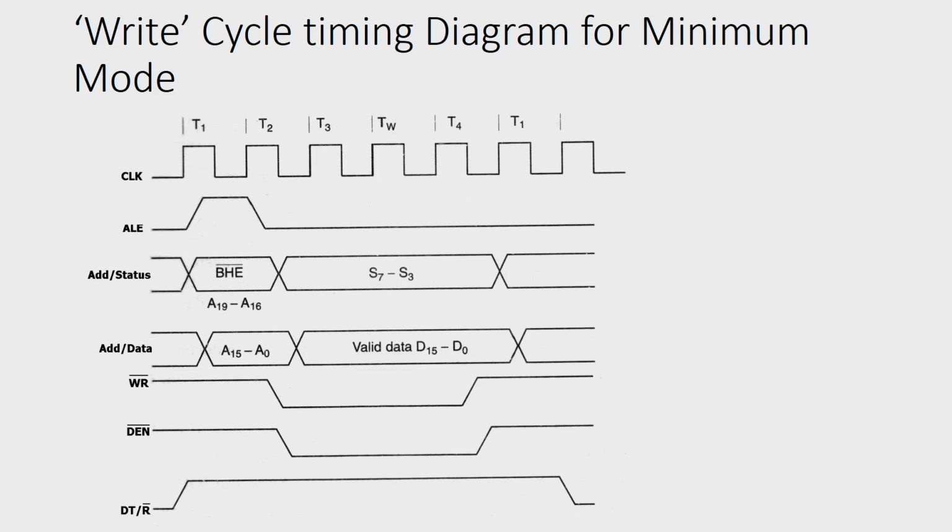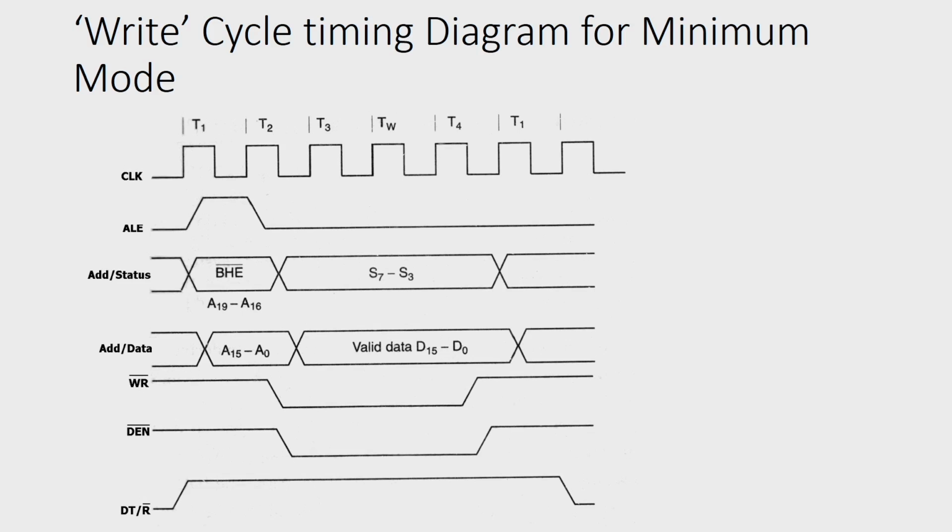Because in the read operation, the peripheral device is a slow device. So the microprocessor has to wait; it cannot directly read. In case of write, the microprocessor is sending some data to the transceiver. Because the microprocessor is a fast device, it will send immediately. That is why DEN bar will be low earlier in a write operation when compared with DEN bar of a read operation.